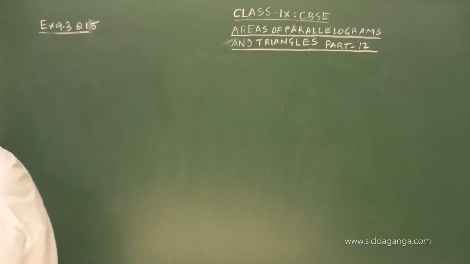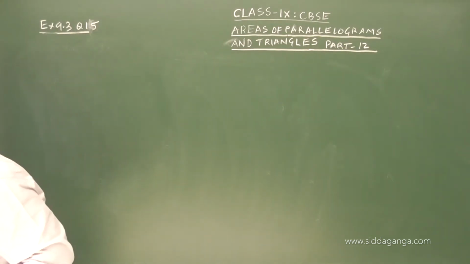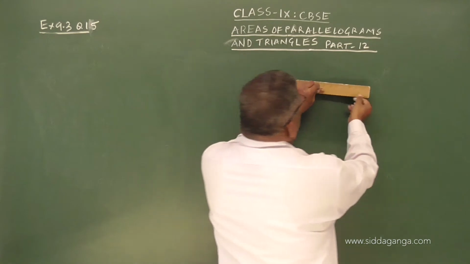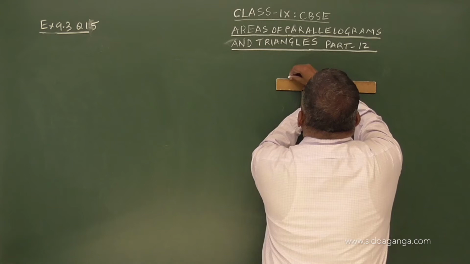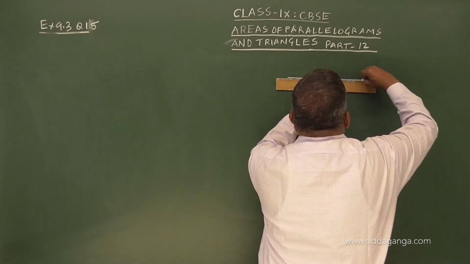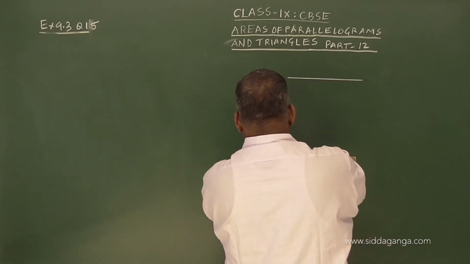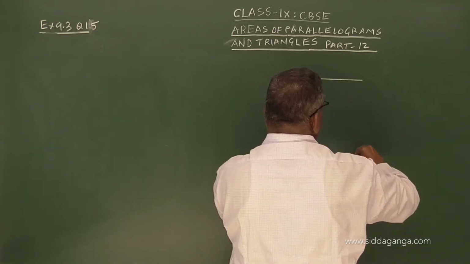So the diagram is not given here. We have to prepare a diagram. It says ABCD is a quadrilateral. So we can have a quadrilateral now. Suppose you can take any quadrilateral like this.